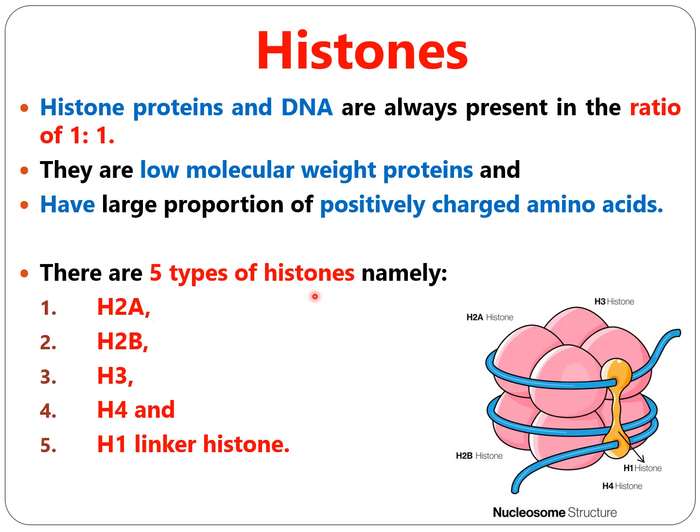There are 5 types of histones. They are H2A, H2B, H3, H4 and H1 linker histone. This one is the H1 linker histone and the others are H2A, H2B, H3 and H4.